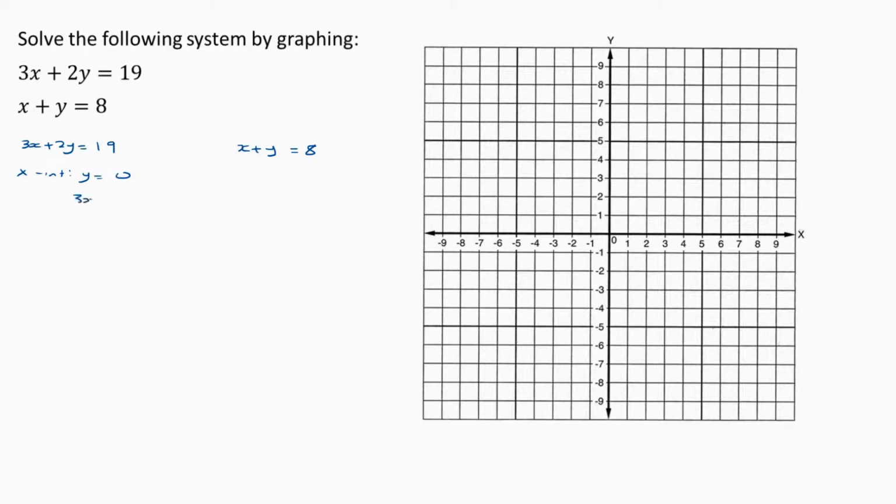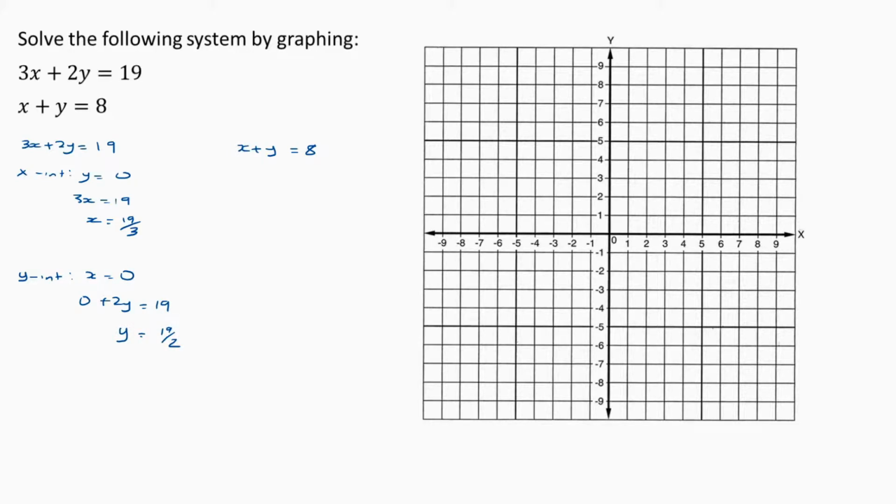So 3x equal to 19, therefore x is 19 over 3. Let's look at the y-intercept. X equal to 0, so 0 plus 2y equal to 19, so y is 19 over 2.